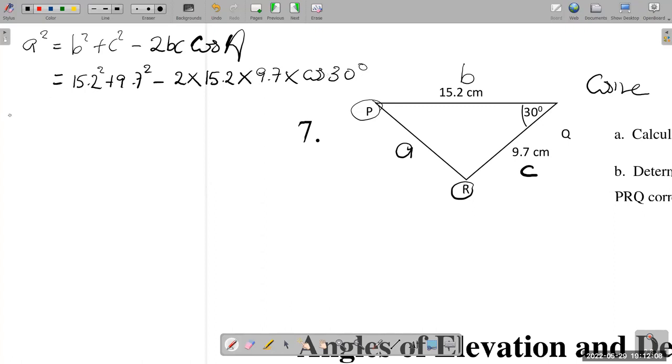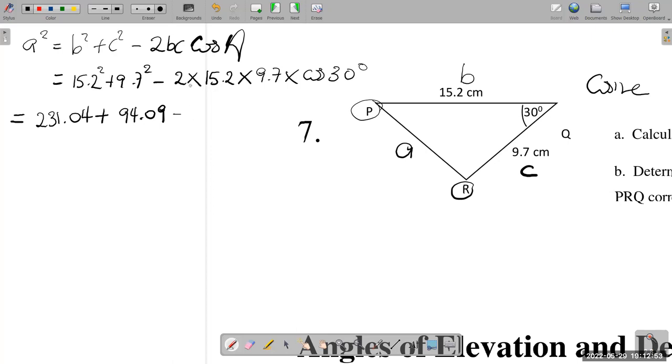So let's go. 15.2 squared is... everybody agree? I just need one other person to confirm. Excellent. 9.7 squared is... I just need one more person to confirm. 1994.04.